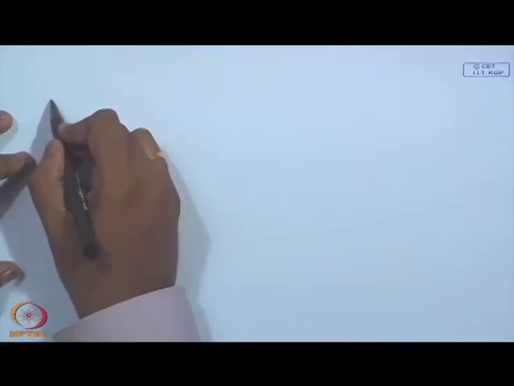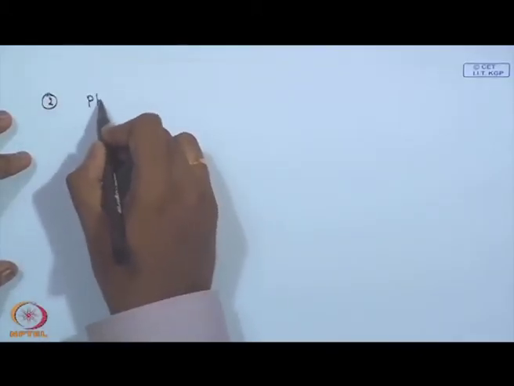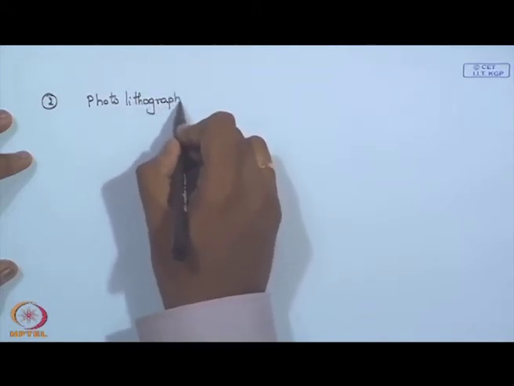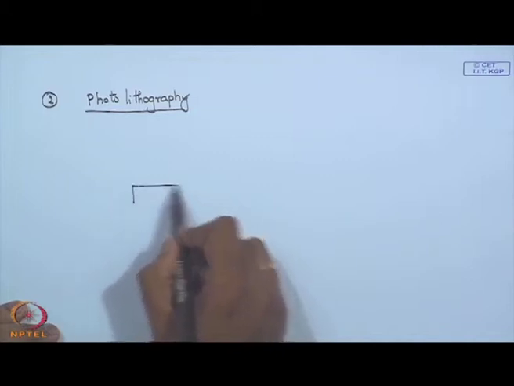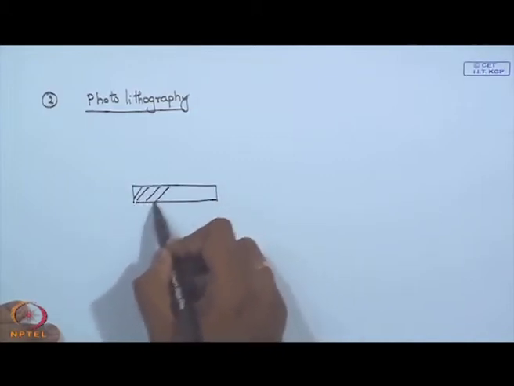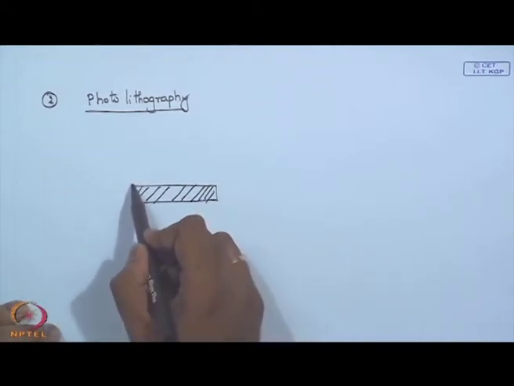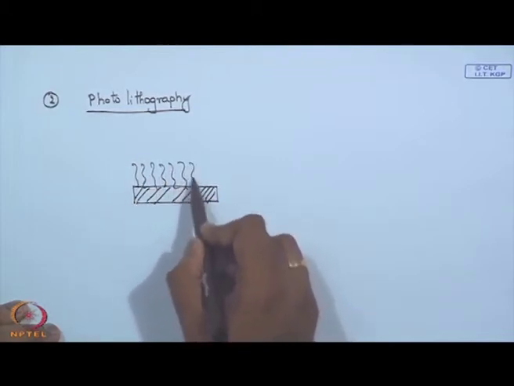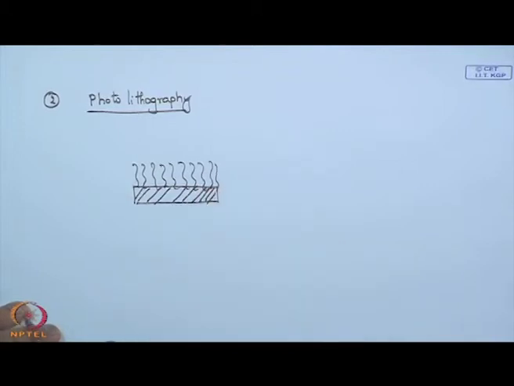Another area which I want to highlight, the second area we will discuss, is photolithography. You have heard about photolithography; it is like a stamping process, right? Normally, you take a solid support, it can be silica or gold, and then you take a thiol.